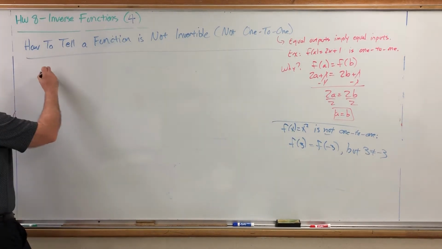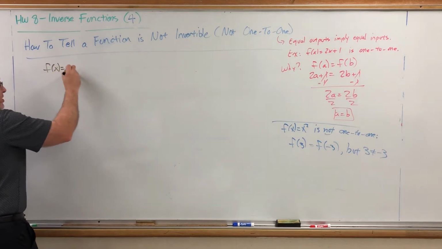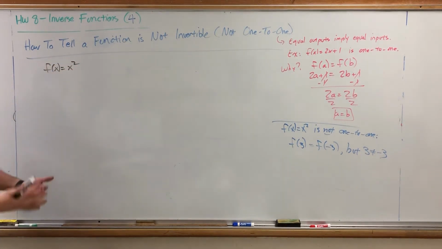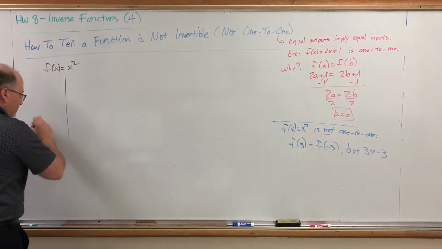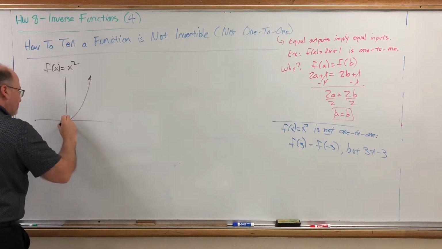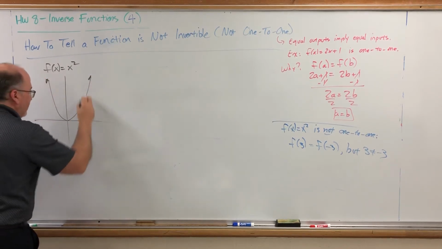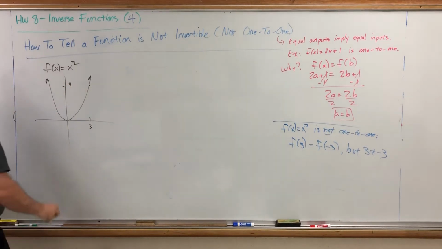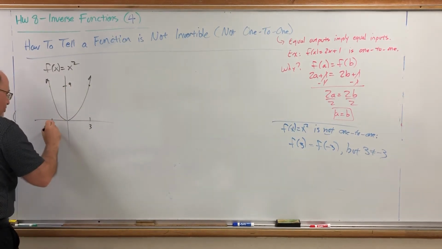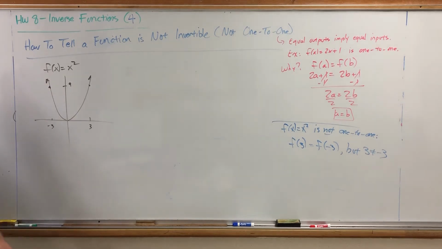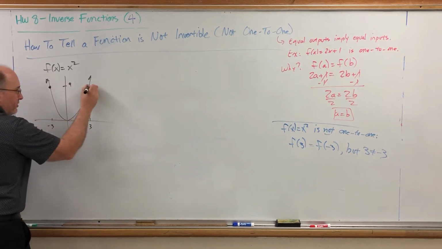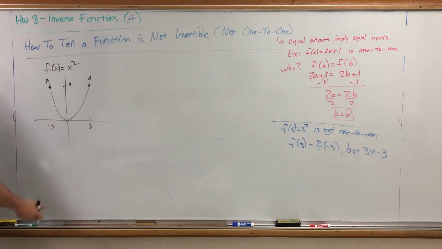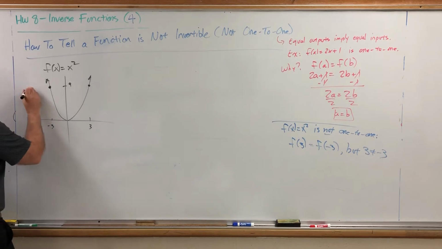Well, let's look at the graph of f of x equals x squared and see if we can visually see what went wrong. When I square 3, I get 9. Okay? But when I square negative 3, I also get 9. So the reason we have a problem is that we have these two points that are at the same level up. Let me connect them real quick.